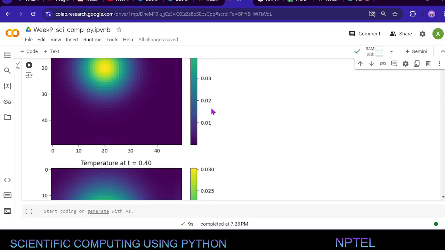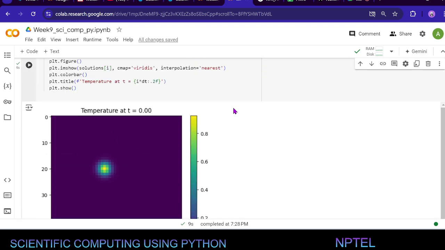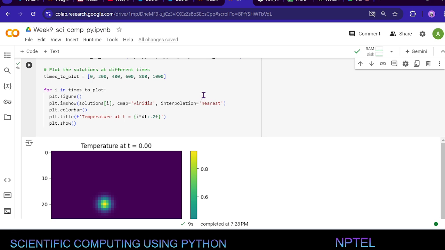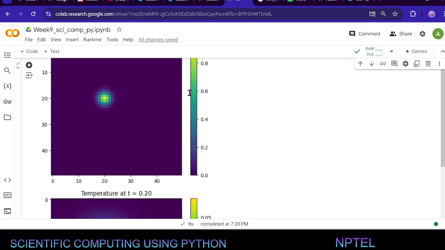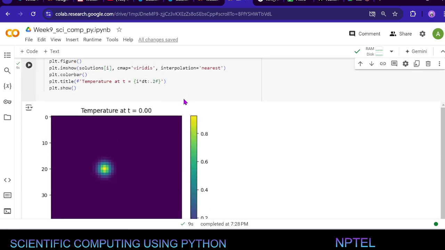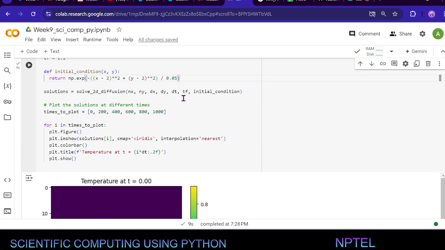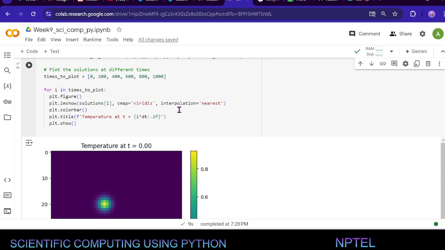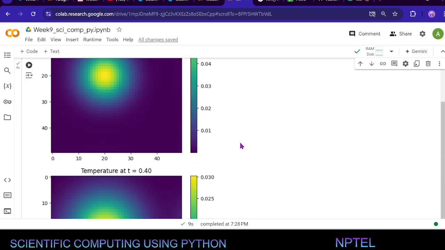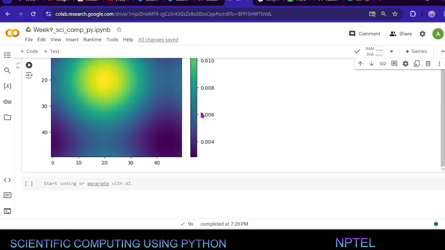And if you actually look at the spread in this case, it will also be proportional to, sorry, proportional to square root of t. Just the coefficient will be different. It will be square root of 4D, I think, instead of 2D. Okay, so that was something that I wanted to show.